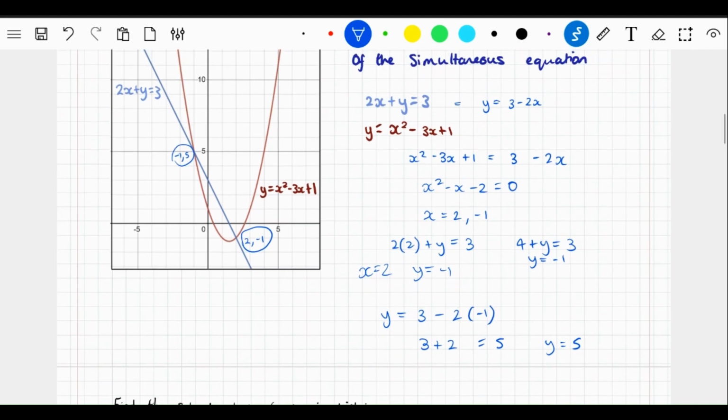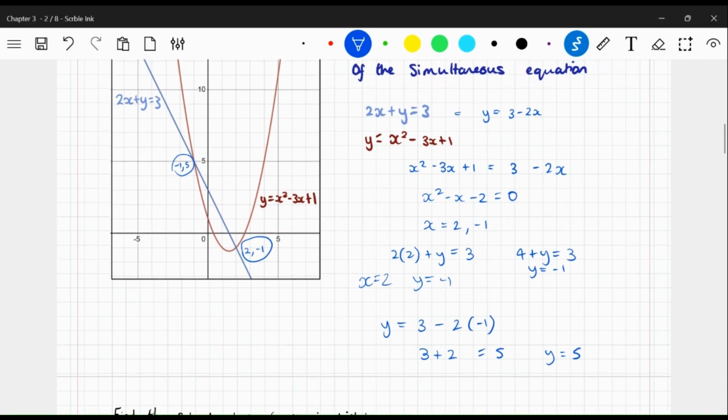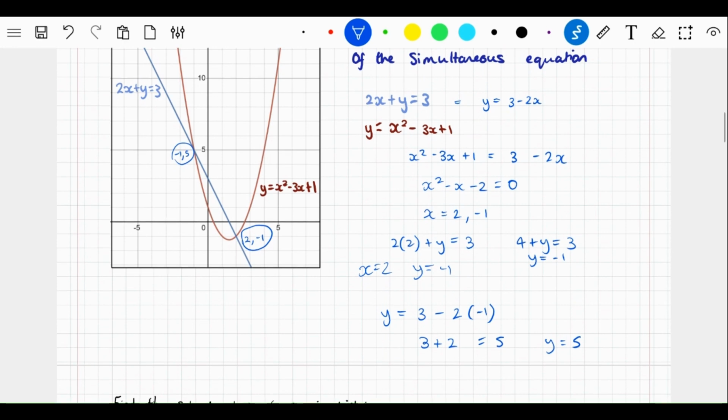So for x equals minus 1, we get y equals 5, which is correct. So basically, that's just proven to us that we can use simultaneous equations to work out the intersection points of both of those ones there.